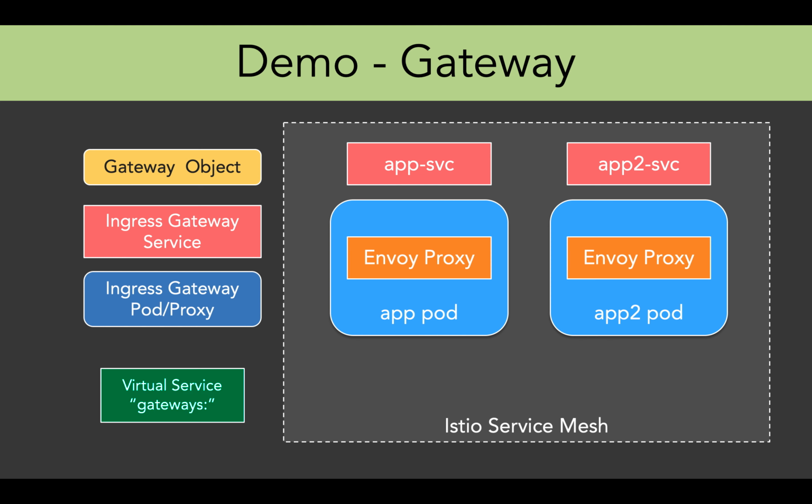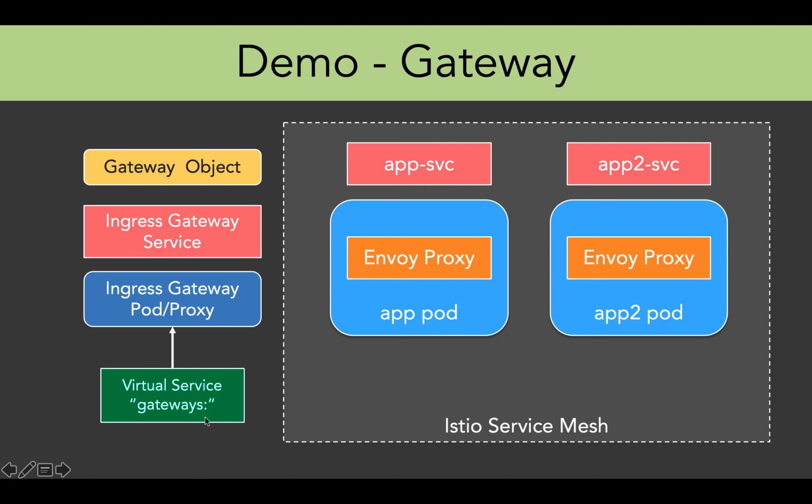And the further processing is enabled by virtual service. And in virtual service, we'll mention one more option called gateways. It is different than any other virtual service because we have not provided gateways in any other virtual services so far. But the moment we create this virtual service with gateways keyword, it is only attached to this proxy. So this virtual service will not be sent to any other envoy proxies in the service mesh.